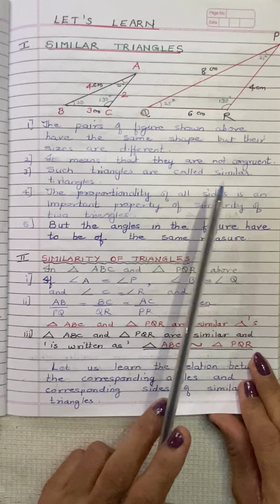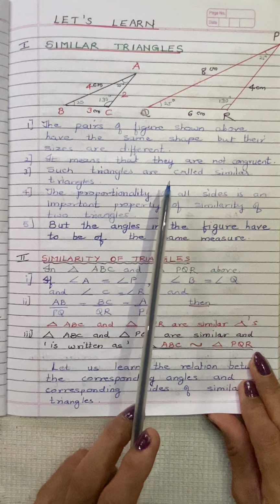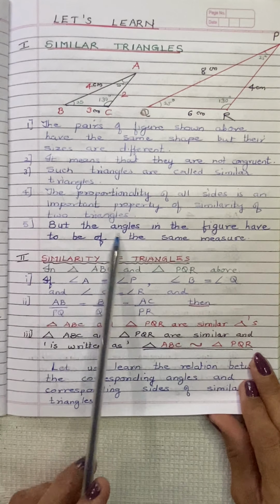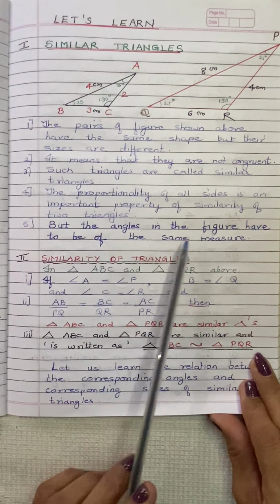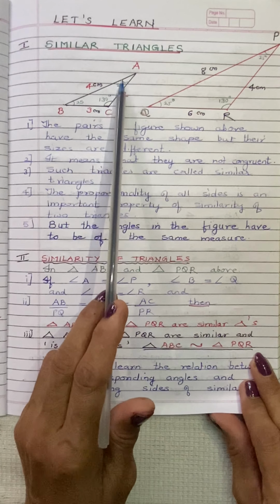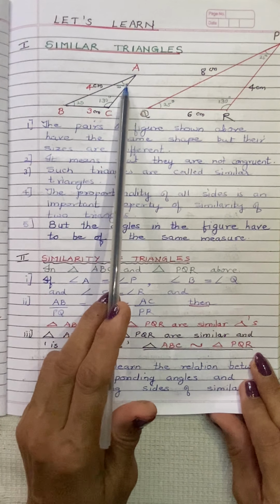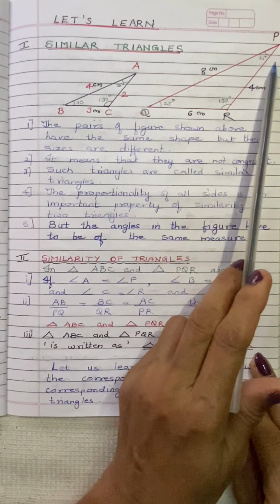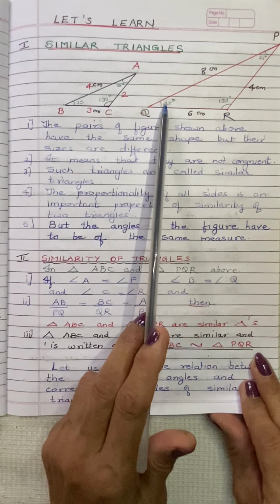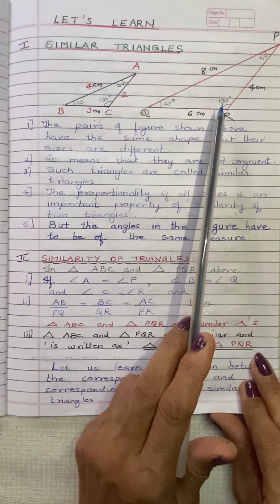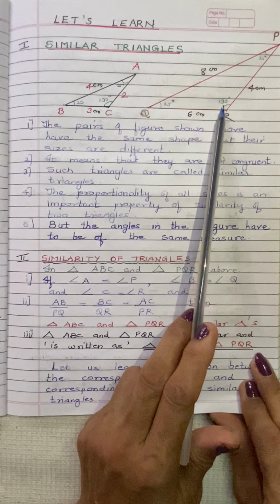So it is called proportionality. The angles in the figure also have to be of the same measures. Proportionality should be the same, plus the measure of the angles. Supposing angle A is congruent to angle P, that's 25-25. Angle B is congruent to angle Q, 25-25, and angle C is congruent to angle R, 130-130.